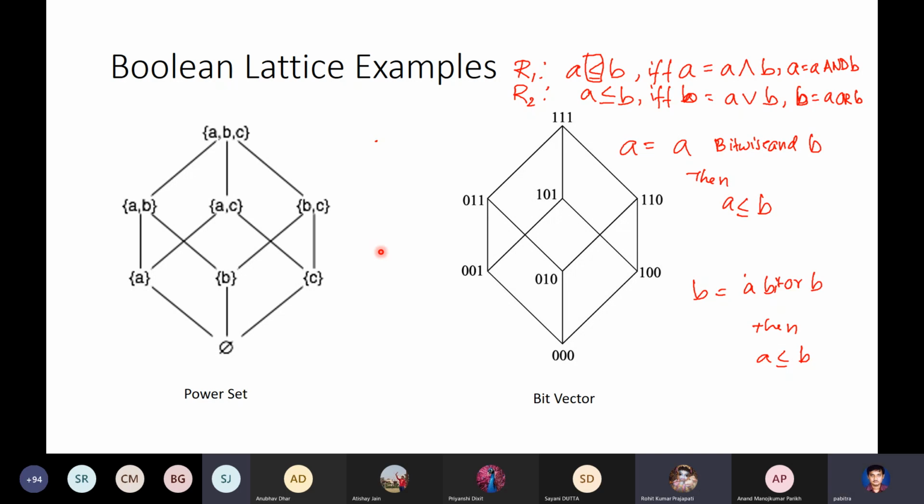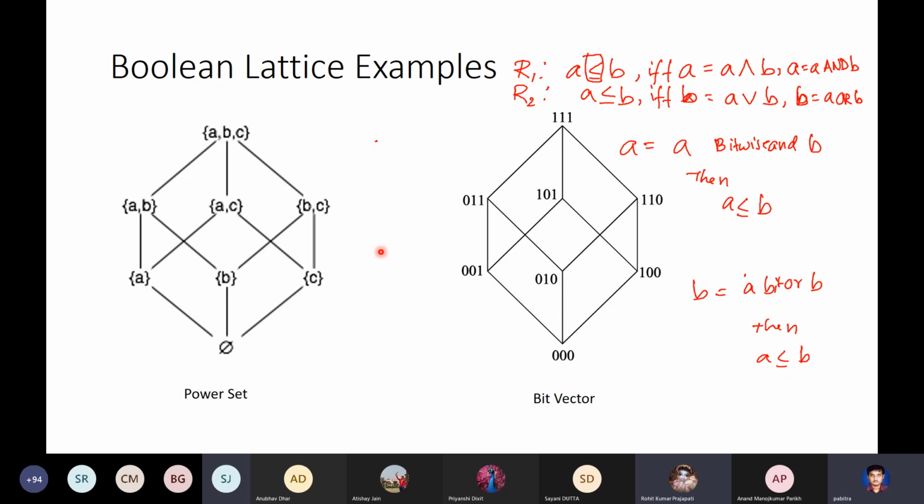Whereas if you look at null and A, A is irreducible because if you take the join of null and A, it's A itself. Similarly, null and null gives null again. So 0, A, B and C are irreducible, whereas anywhere above where you have two branches coming in, they are not irreducible.